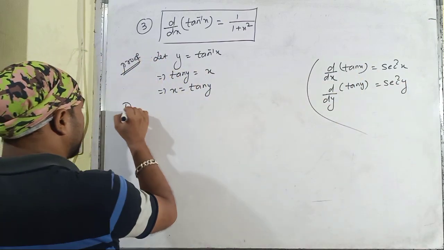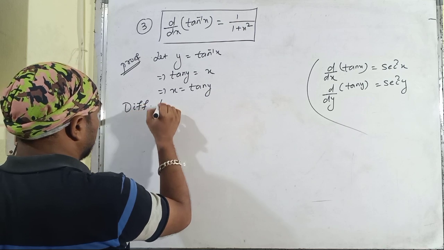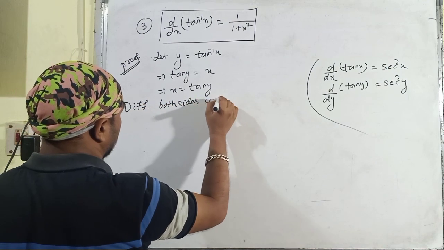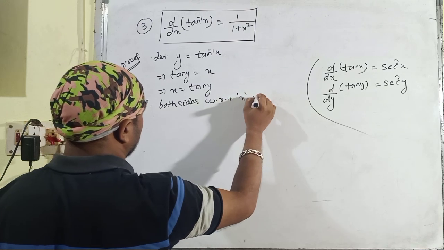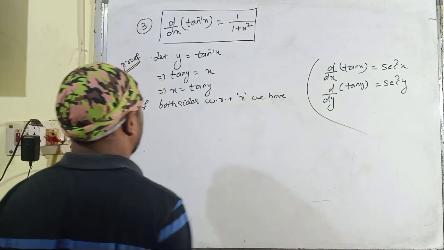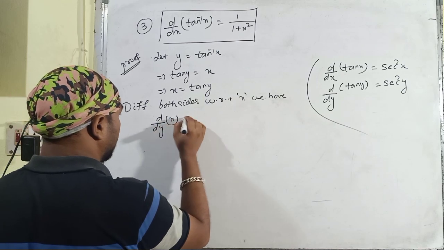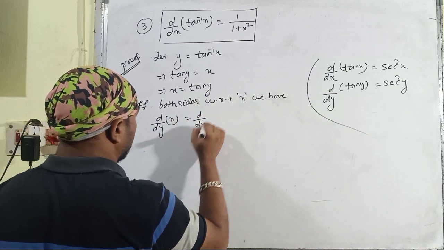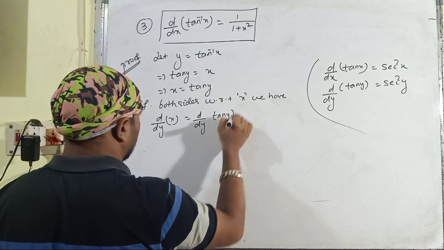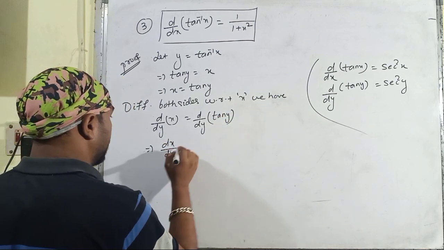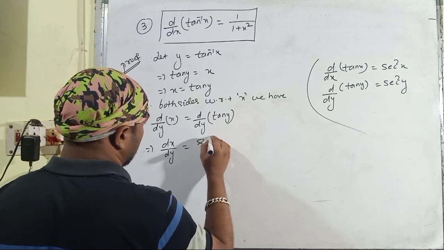So differentiating both sides with respect to x, we have dx upon dy is sec square y.